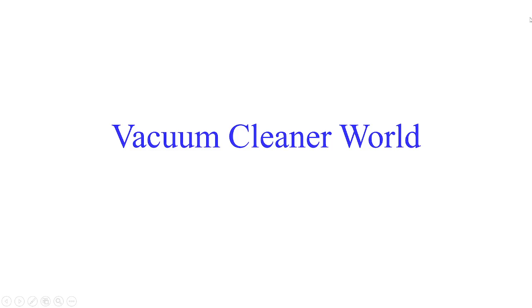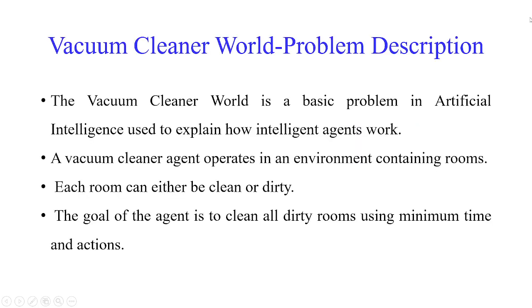The rooms can be dirty or clean. The goal of the agent is to clean the room. That's all. If there is dirt, it should clean. This is a very simple version, a very simple problem statement. This is the entire world. This tiny world captures everything that matters about intelligent agent design: perception, decision making, action, and goal achievement.